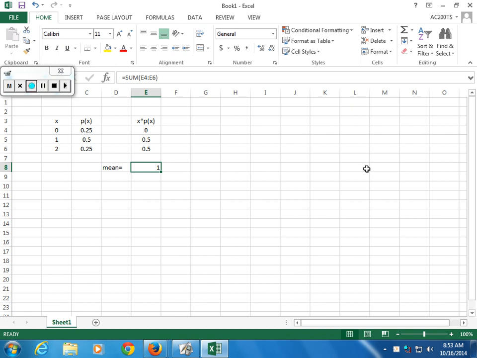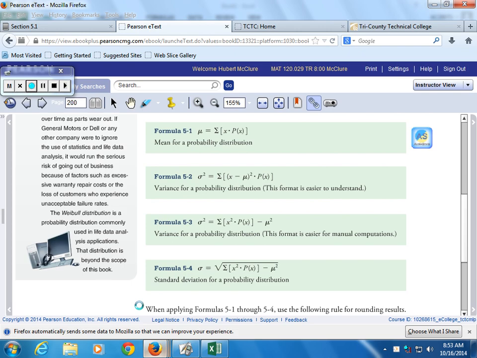And now we need to find the standard deviation. What's the standard deviation? Well, first of all, we've got to take X squared times P of X, and then we need to subtract the mean squared. So go ahead and do that if you haven't done it.